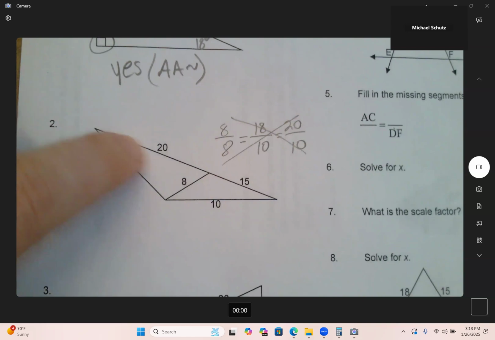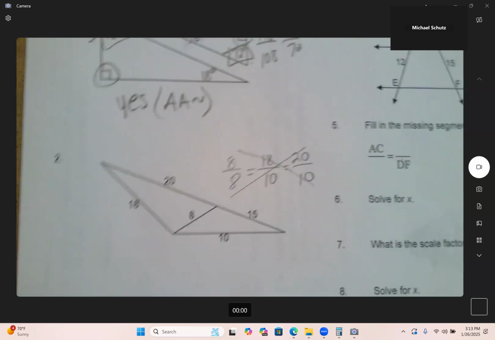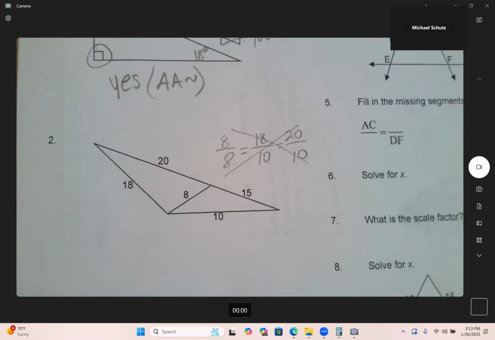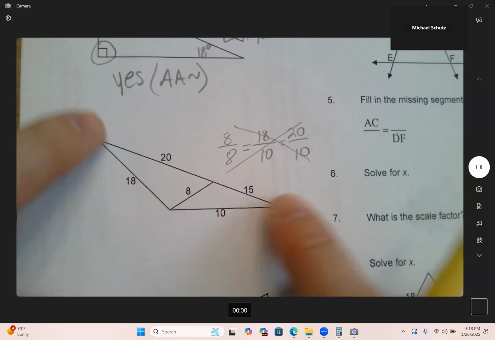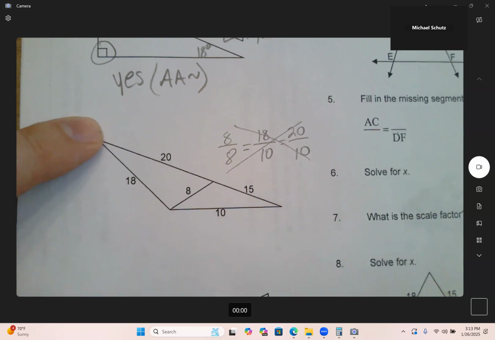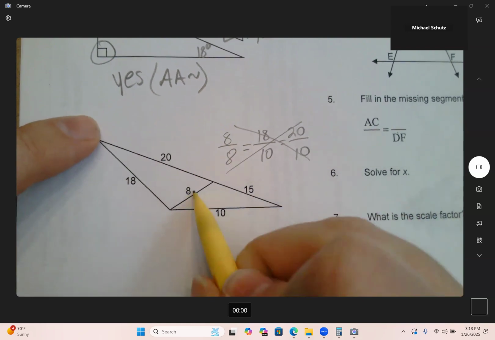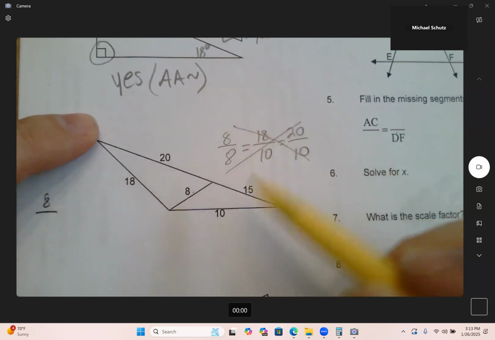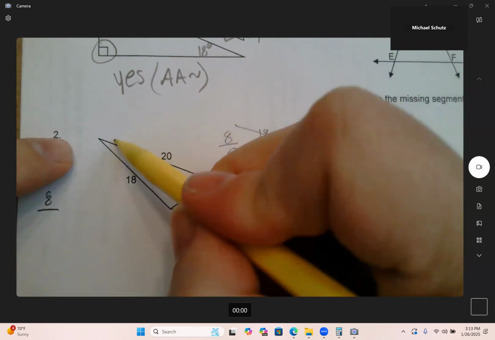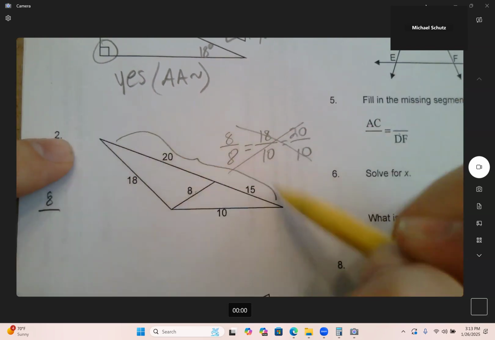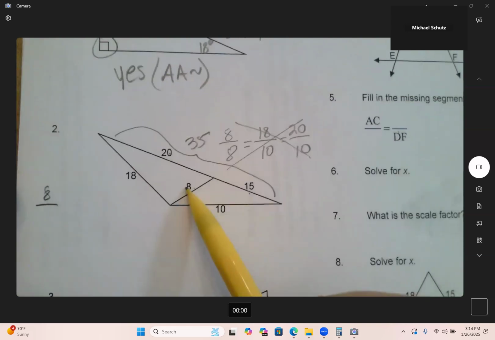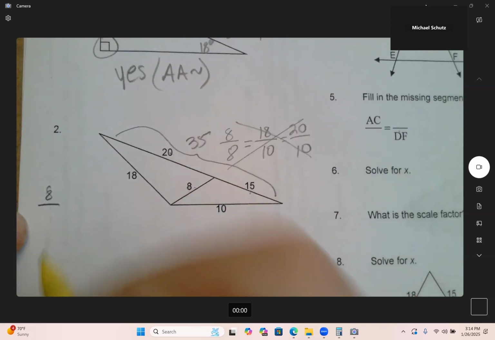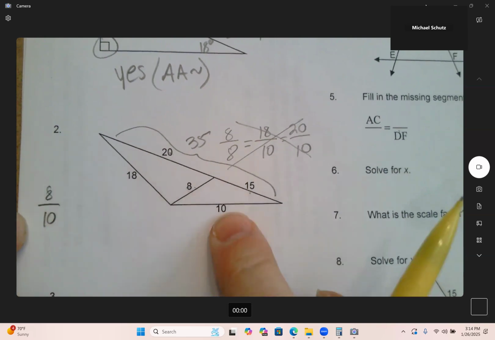So this one is not similar to this one, but we do need to look at the medium triangle right here and the over large triangle right here. The small side is 8. And remember, this whole thing is the big side. 20 plus 15 is 35. So 8 is the small one on this little triangle, 10 is the small one on this triangle.